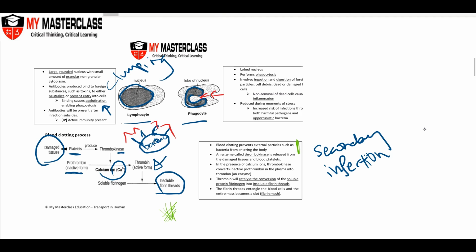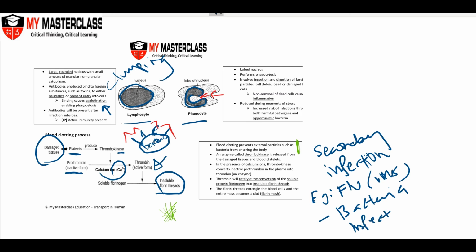For example, if I have a flu, my flu, as we all know, is a virus. So why do we get antibiotics for it? It is because during the process of coughing, the cells at your throat might be worn off and you have bacteria in your mouth. That can possibly lead to a bacterial infection, which is a secondary infection that is different from the primary source of the infection.